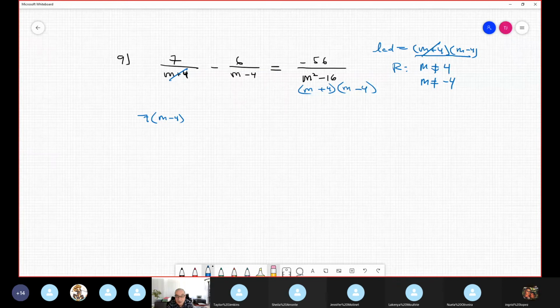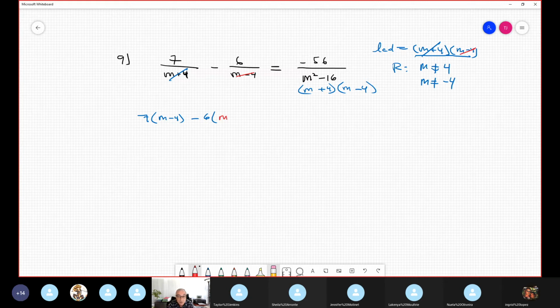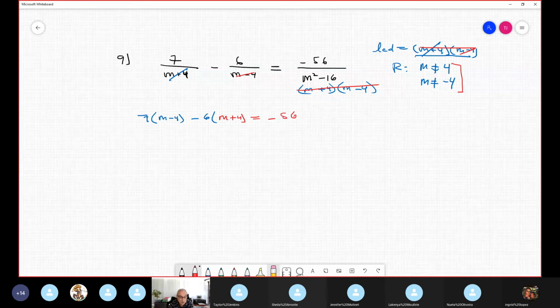For the second term, it's minus 6 times something: m minus 4 is cancelled, and m plus 4 stays alive. On the right-hand side, everything is cancelled, it's minus 56. And this is my new equation under this consideration.